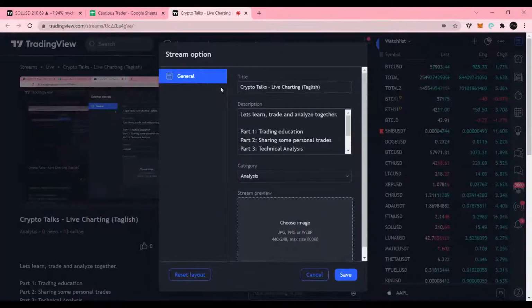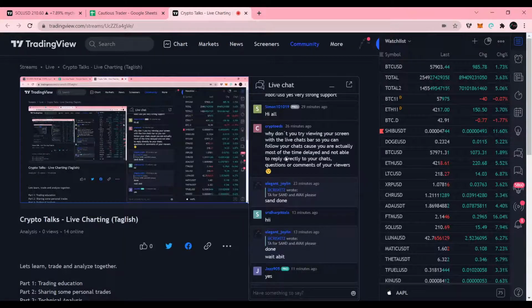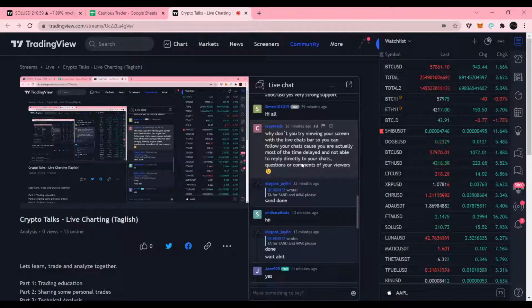Yeah, we cannot actually change it. I'm using option one, wherein I should go to this chat to check on the comments. But maybe that's also a good suggestion to TradingView.